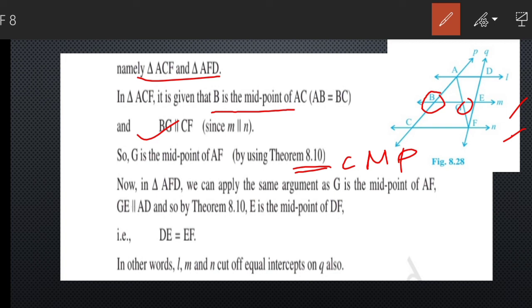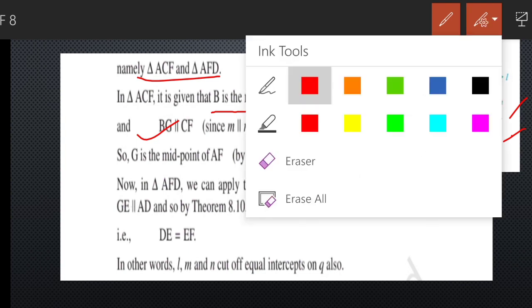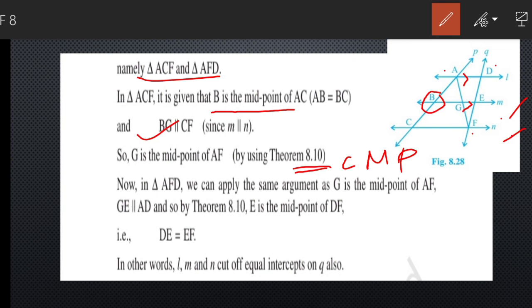Now we go to the next triangle, that is ADF. In triangle ADF, G is the midpoint where a line starts. The line is M, and GE is parallel to AD. So G is the midpoint of AF and GE is parallel to AD.